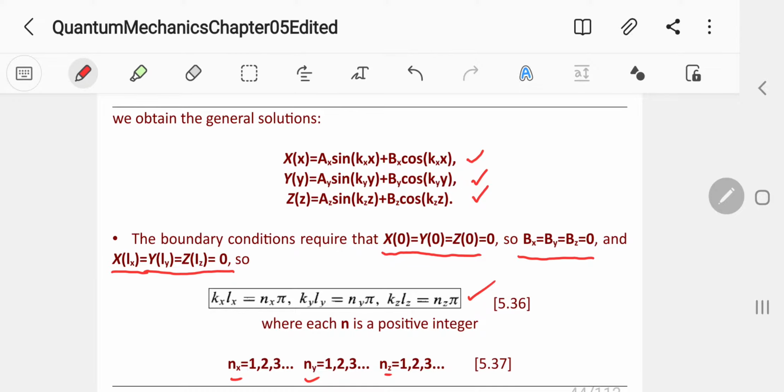So we need a lowermost energy at n equals 1. The ground state psi would have nx equals 1, ny equals 1, and nz equals 1. That's the ground state, not 1 0 0 or anything. It doesn't start with 0, so it starts with n equal to 1. So this is the ground state.